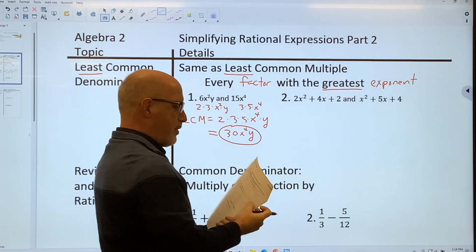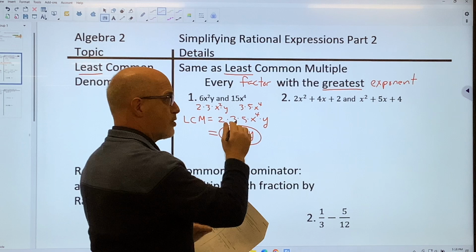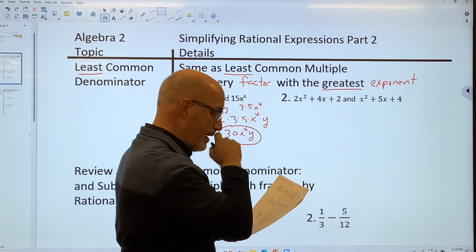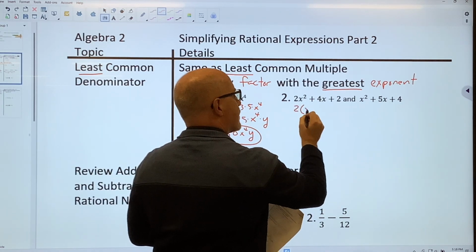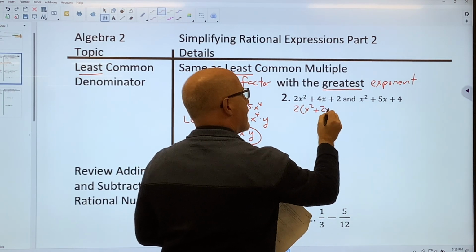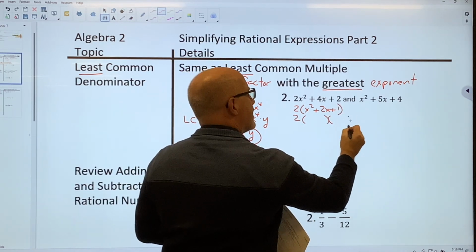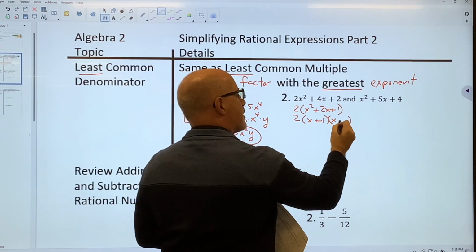Now, the next part that we're going to do is we're going to look at it when we've got these two trinomials. We want to factor them first to find out what our factors are. So we're going to take out a 2 out of this first, x squared plus 2x plus 1. And now I'm going to factor this into 2 binomials, and it's going to be x plus 1, x plus 1.